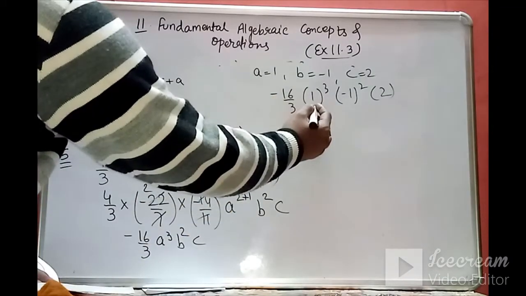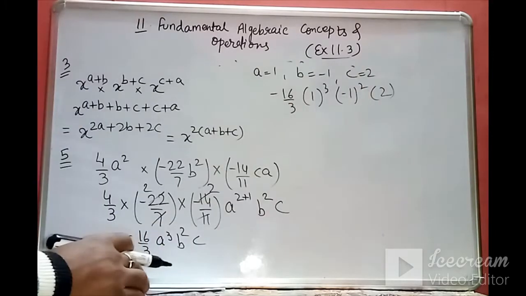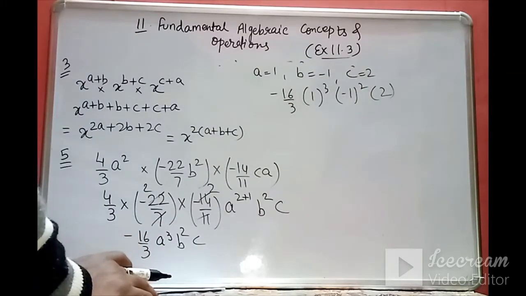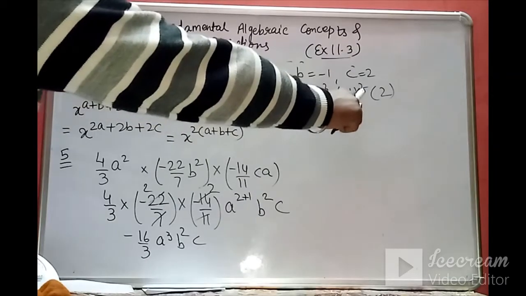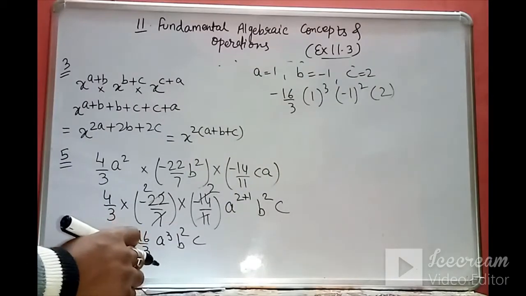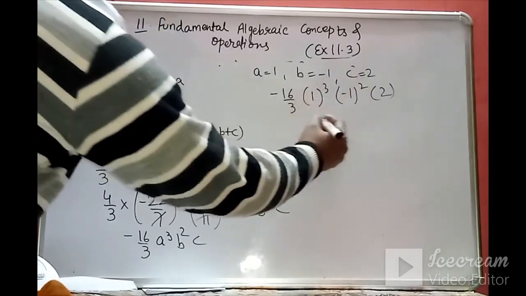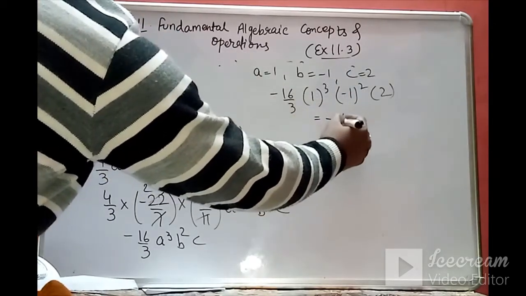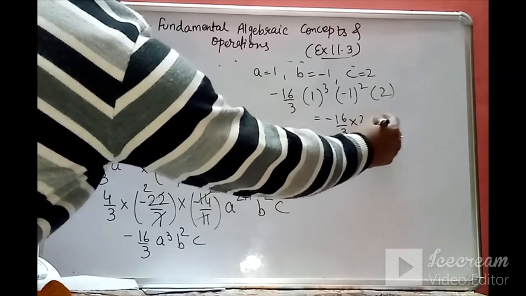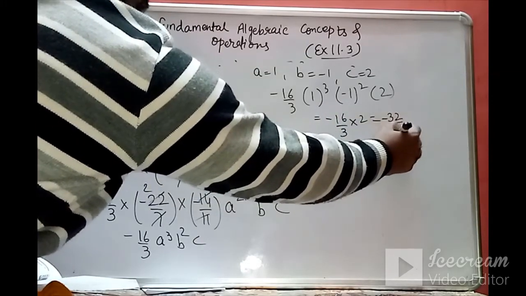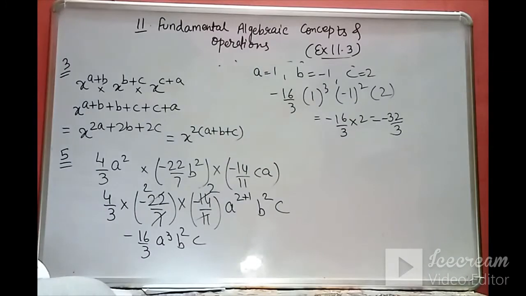And 1 cube is 1, minus 1 square will be 1, because I have already told you when we were studying exponents, a negative number to an even power will always result in a positive. So it is 1 to the power 2, that is 1. So I will get only minus 16 upon 3 into 2, that is minus 32 upon 3.